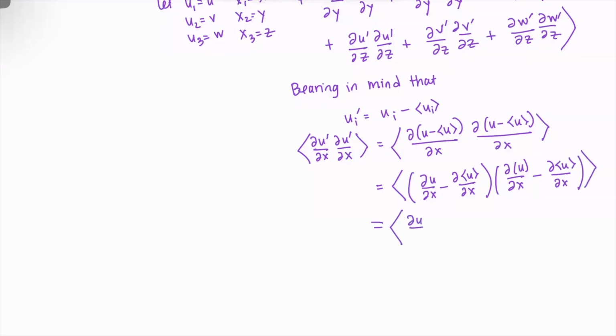So I have partial u partial x times partial u partial x, minus 2 times partial u partial x times partial mean u partial x, plus partial mean u partial x times partial mean u partial x.